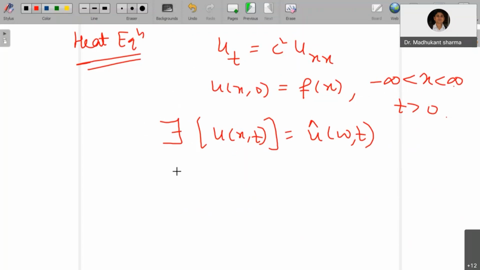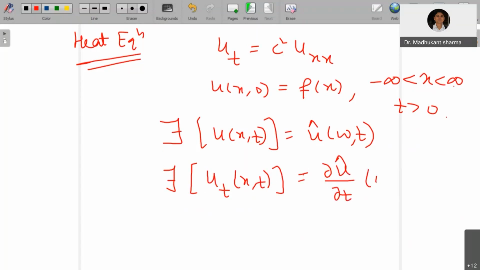Like we discussed earlier in the Laplace transform case, you can show that the Fourier transform of u_t is dou u cap by dou t, simply interchanging the role of derivative and integral.